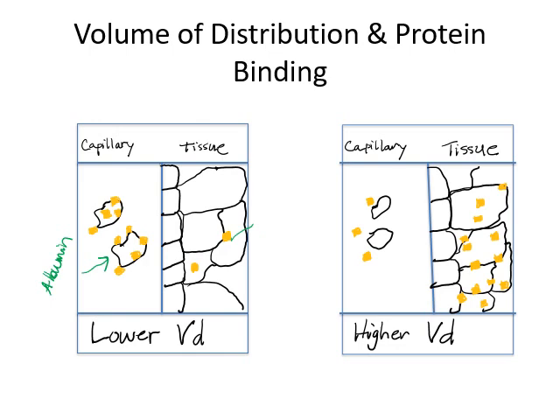So most of that drug has diffused across the membrane, and it's at the target tissue and bound to the receptor on the cell. So you have higher volume of distribution because you have a low plasma concentration. And here you have a lower volume of distribution because you have a high plasma concentration.